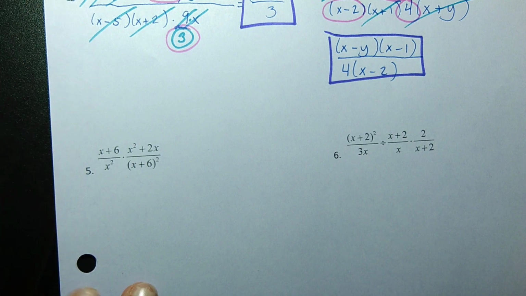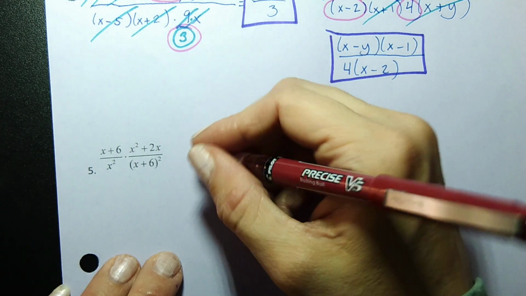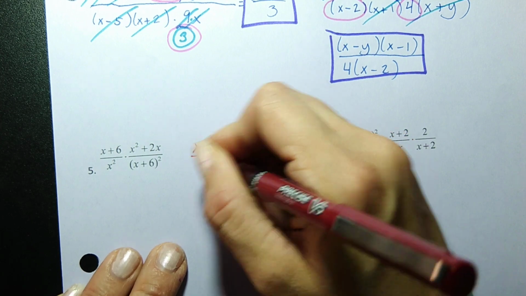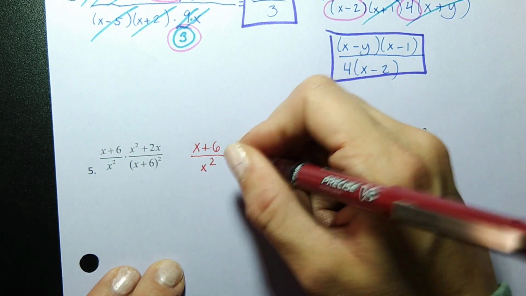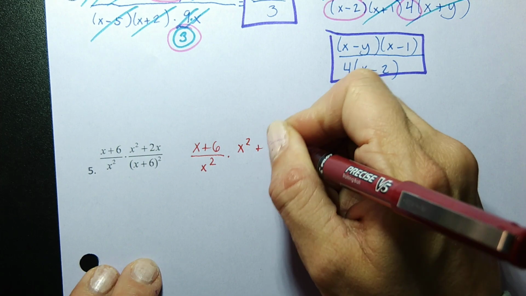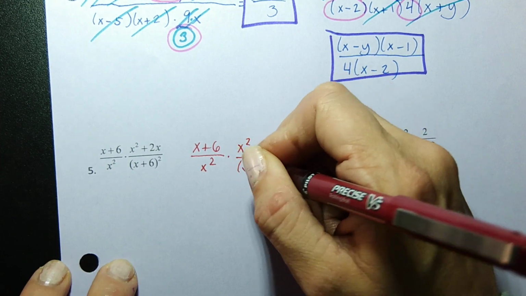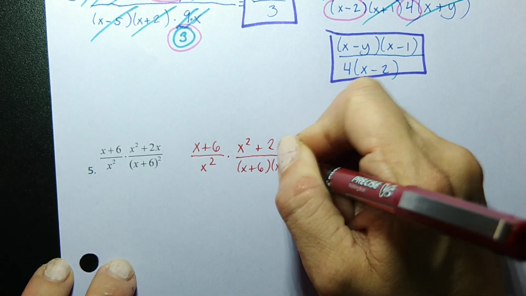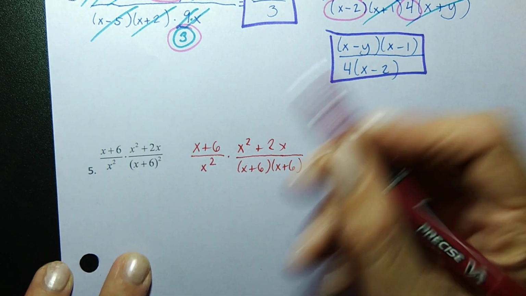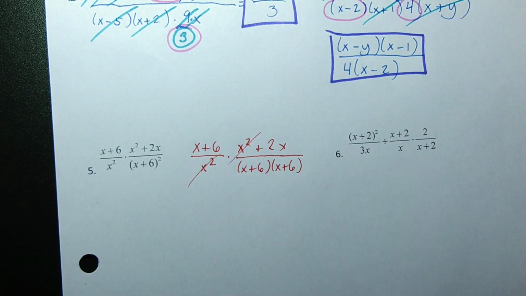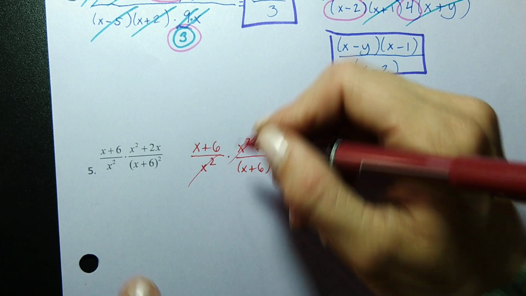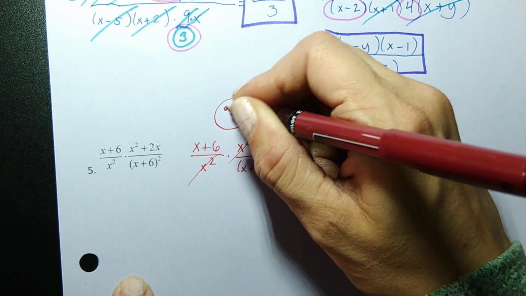I'm going to show y'all what I saw in third block. I'm drawing it in red. Don't do this. So they expanded the x plus 6. I like that. But they did this. Why is that not good?